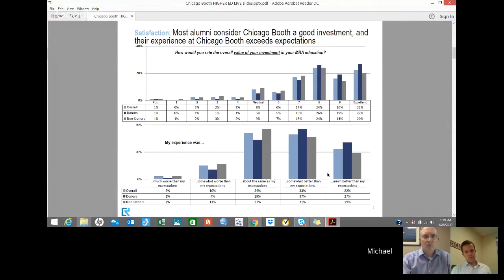I was thinking too, and we might uncover this in a later slide, but one of the things that I was looking at when we broke out the data was that we have overall donors and non-donors. I actually did try to break out some other groups and segmentation on that. Some of our leadership level, some of our recent alumni of the last 5 years.